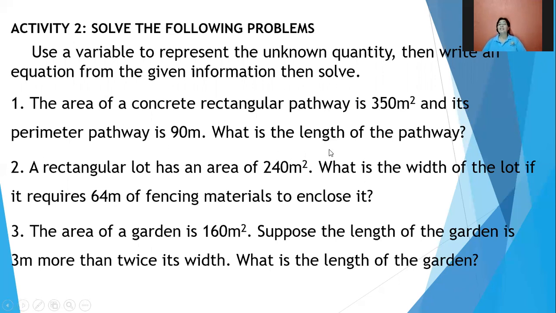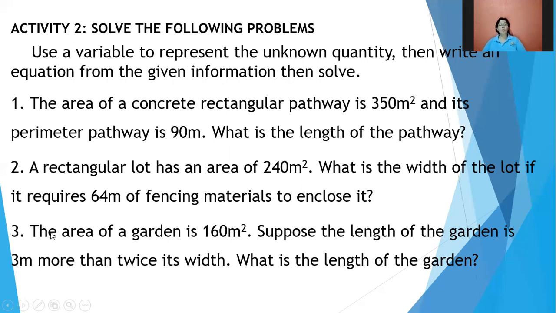What is the length of the pathway? Number 2, a rectangular lot has an area of 240 square meters. What is the width of the lot if it requires 64 meters of fencing material to enclose it?